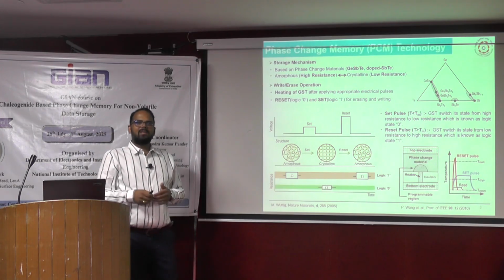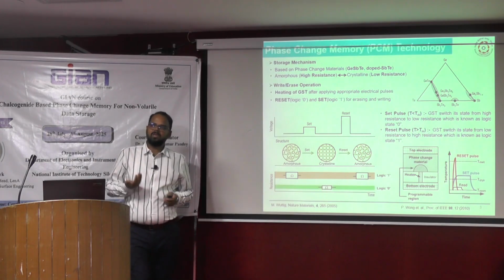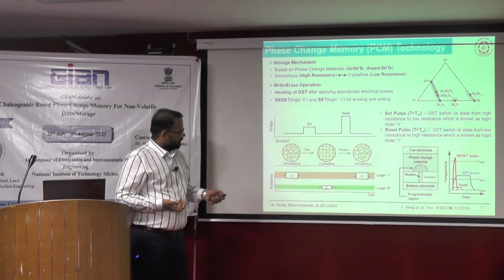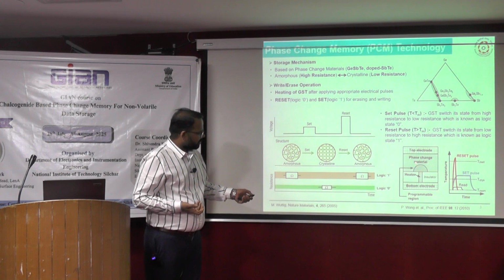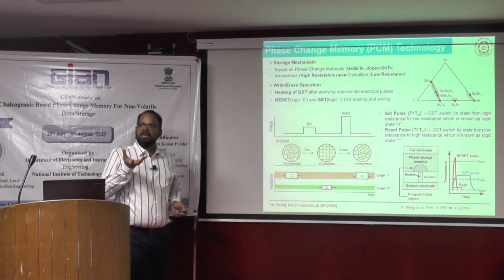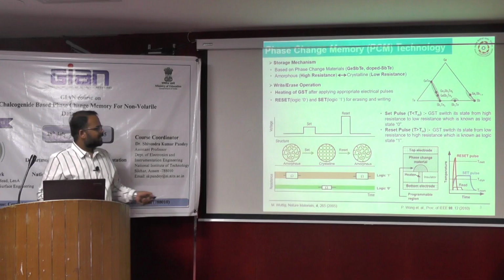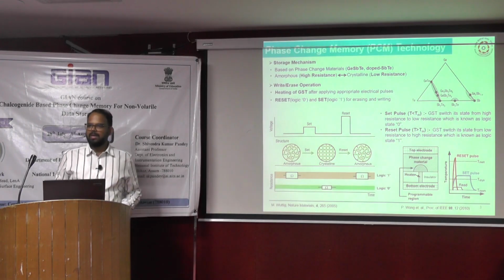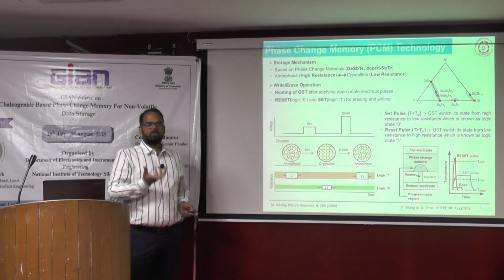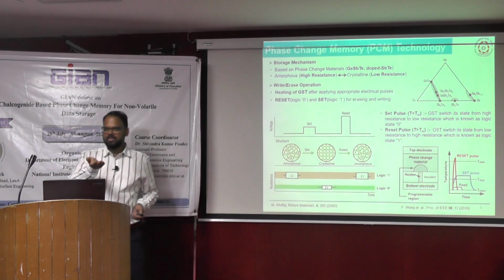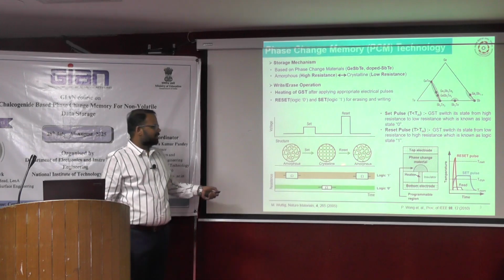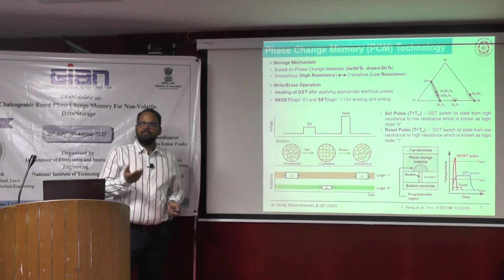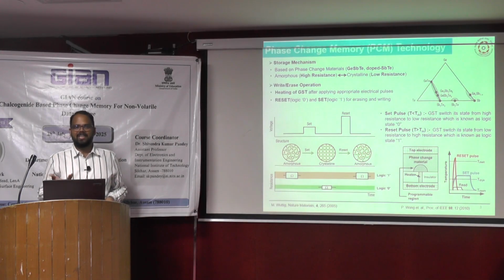Because when you provide a reset pulse, you are raising the temperature inside your cell, this is the schematic of your cell, higher than the melting temperature. And then suddenly you are cooling down. So it is a melt quench process. You are melting and then quenching, so that you get a disordered structure. Is it clear? So in this way we can get two different states.